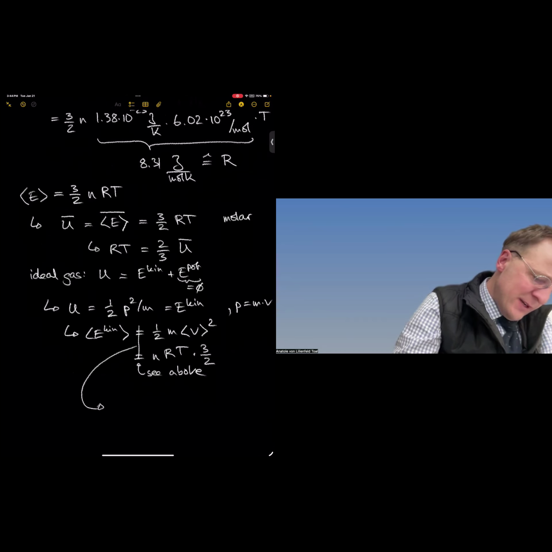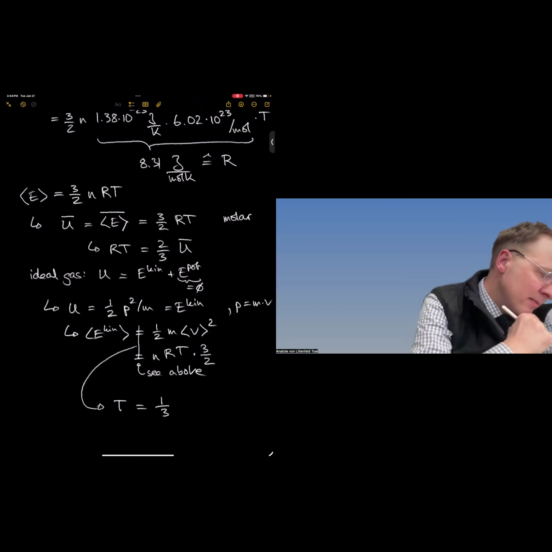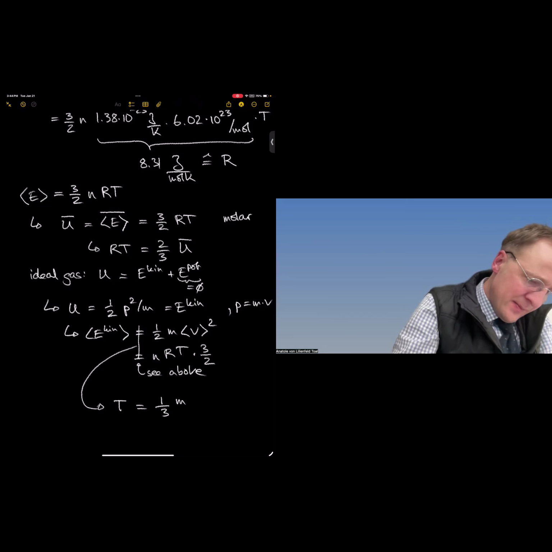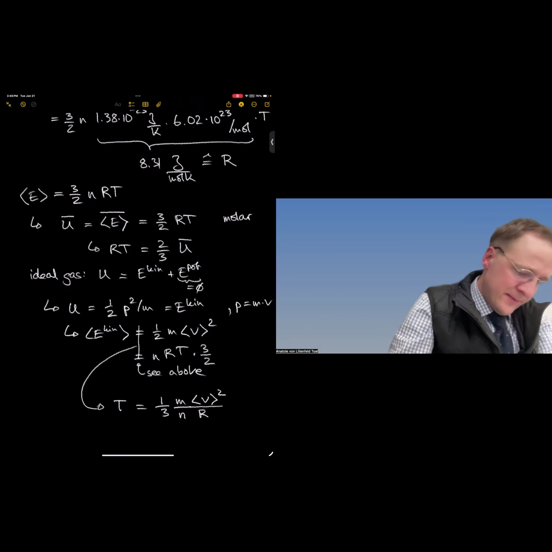And if I rearrange for T, I now see that I have 1/3 m v squared over nR.